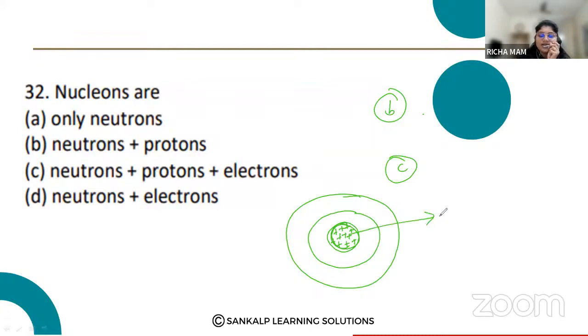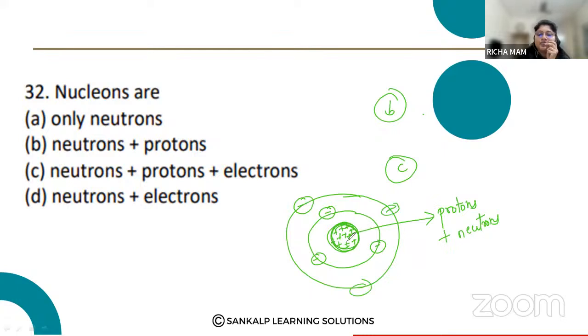This is called as nucleons. Here, your protons plus neutrons are present, and around this nucleus, what is present? Your negatively charged electrons. So the electrons are revolving around this.